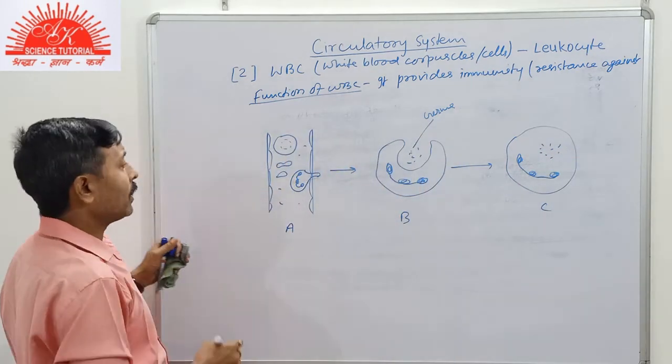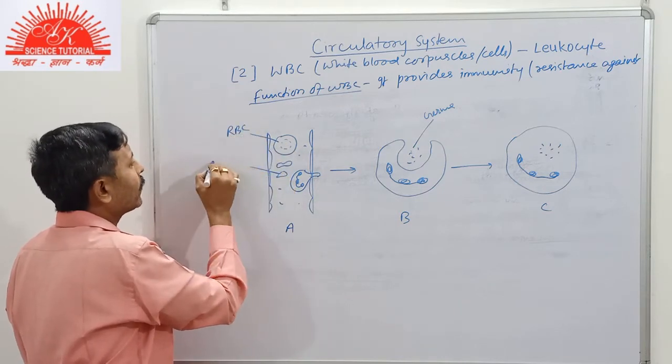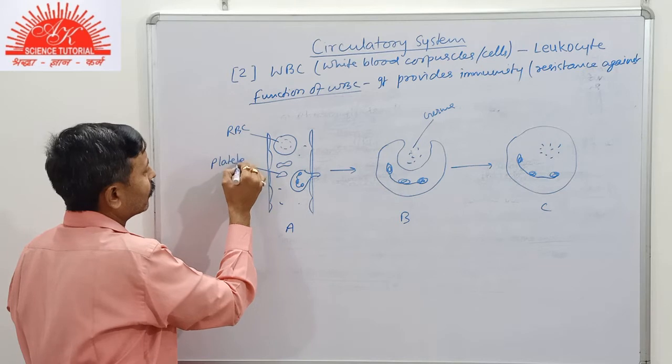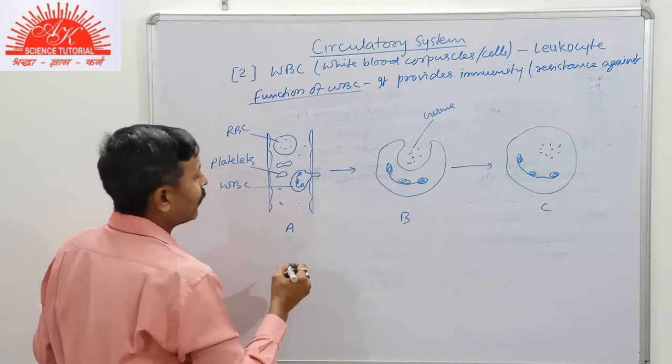So the question is asked, this is the RBC, platelets, WBC, and this is the blood capillary.